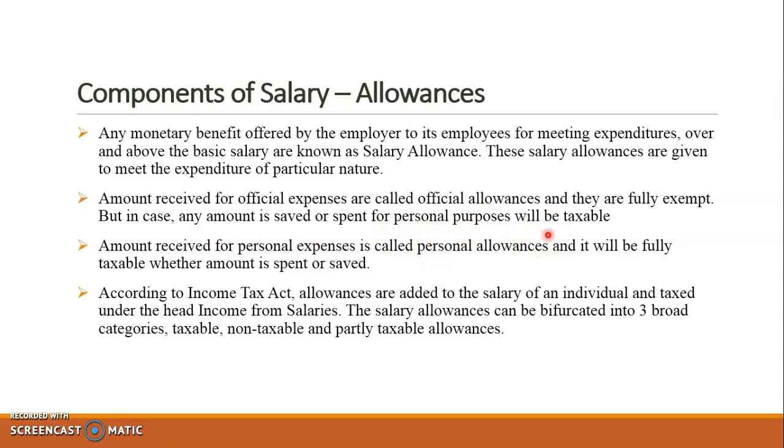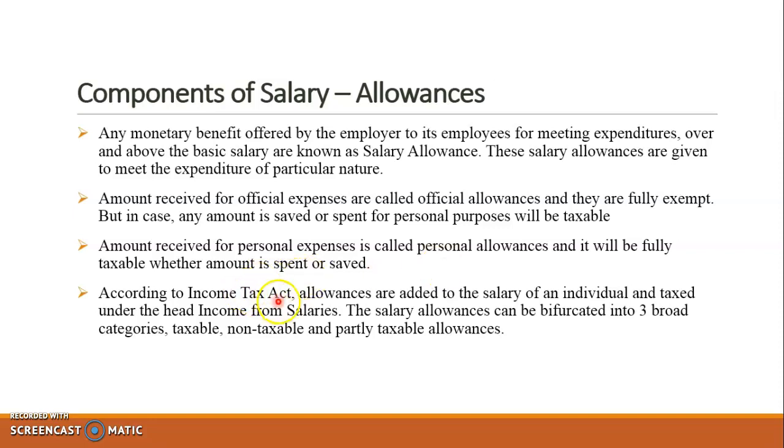If it is entirely for official purposes, then it is fully exempt, but if any part of it is saved or spent for personal purposes, then it will be taxable. The amount which is received for personal expenses is called personal allowances, and it will be fully taxable whether it is spent or saved or used or not. So whenever the amount is given for personal expenses, it is always fully taxable.